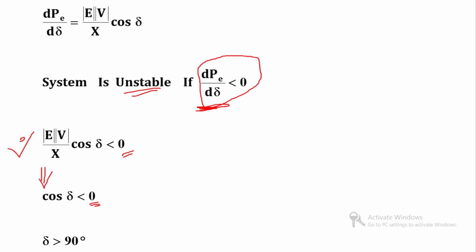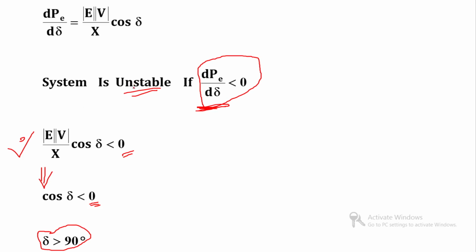Cos delta has a negative value when delta is greater than 90. Clear? The cosine function becomes negative when the angle becomes greater than 90. So if cos delta is less than 0, then delta must be greater than 90 degrees.